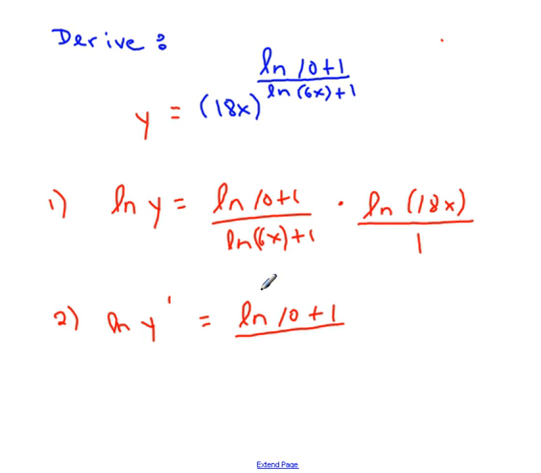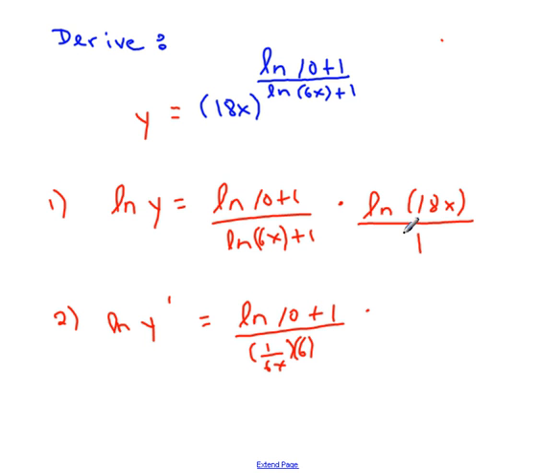What is the derivative of ln 6x? Remember, the derivative of ln is 1 divided by the term multiplied by the derivative of the inside. So 1 over 6x multiplied by 6.